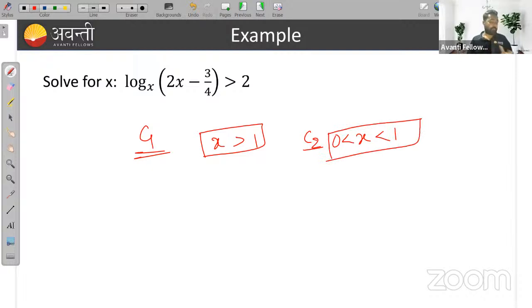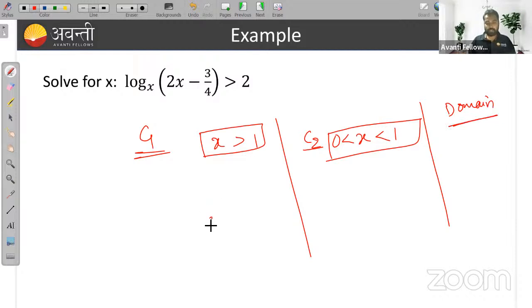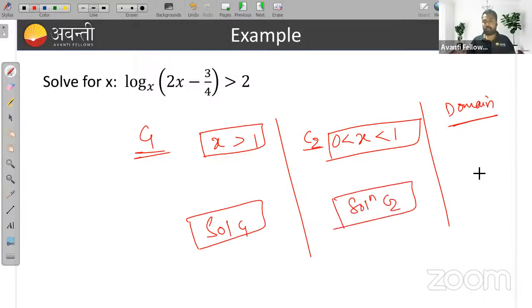For x lying between 0 and 1, you have to solve the inequality again and find the domain. 3 cases, right? Find the domain, right? After finding the domain, suppose this is my solution of C1, you are getting here, and this is my solution of C2, case 2, and this is my solution or domain.